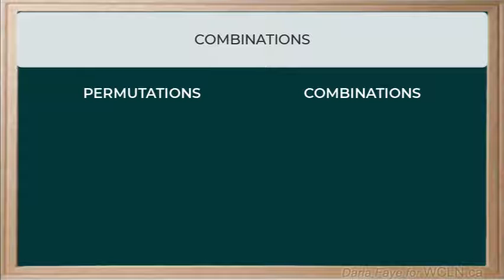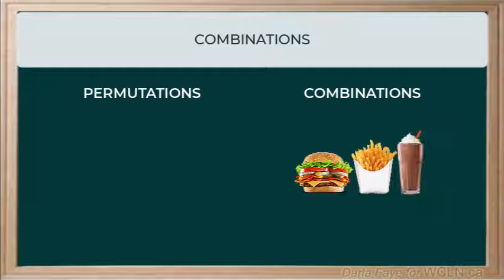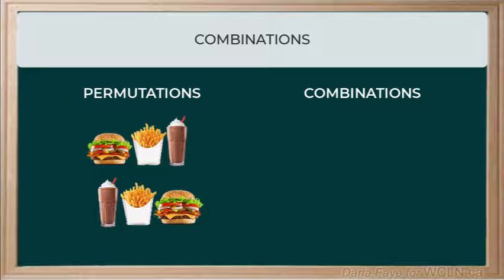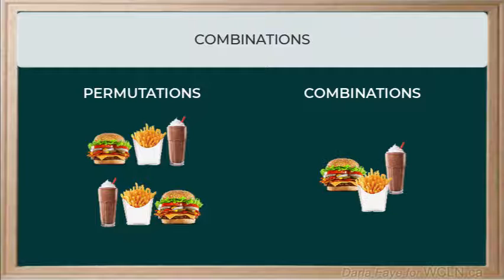So if I had a combination of a burger, fries, and a shake from McDonald's, that's one possible combination to make a meal. I could also reorder those to say I would like a shake, fries, and a burger. That's the same combination of items, however, it's a different permutation.